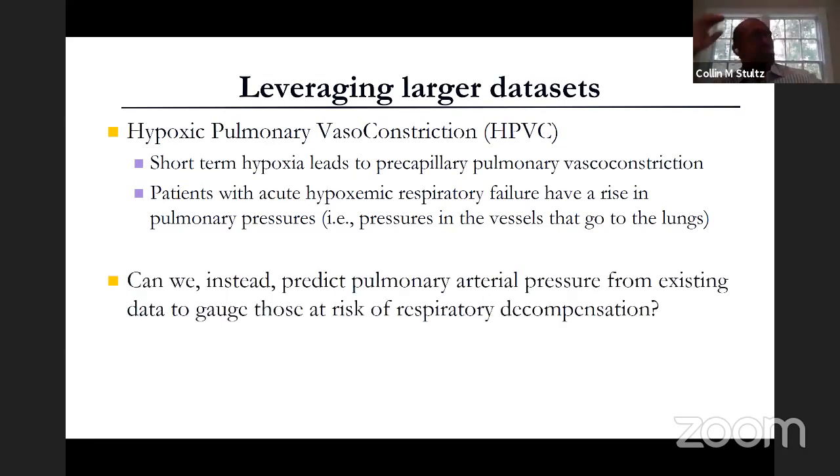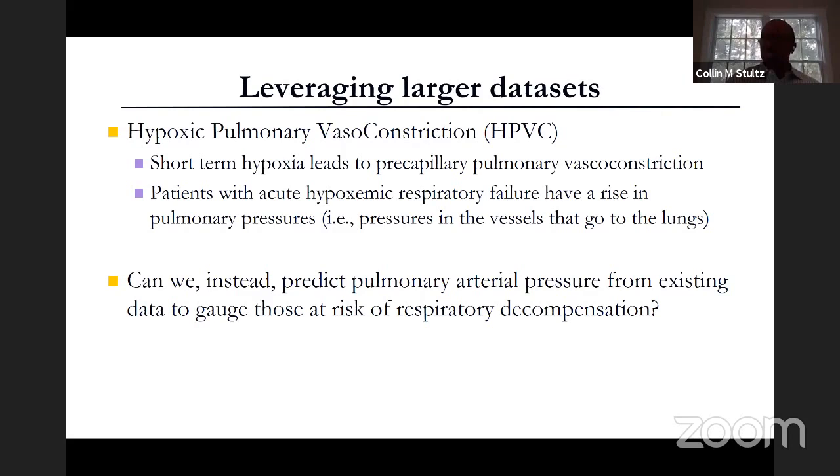If we know this, can we try to get at the pulmonary arterial pressure as a possible early indication of respiratory decompensation? And if we could estimate that from readily available data, would that be useful?